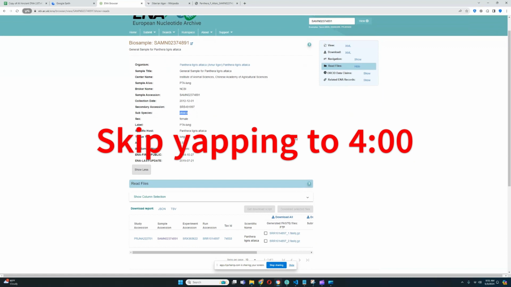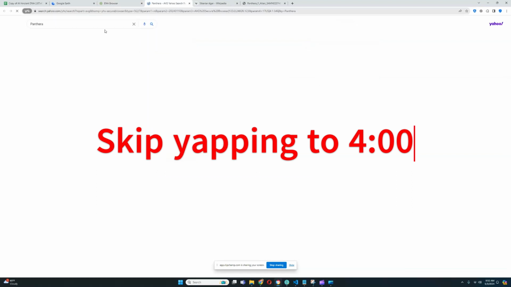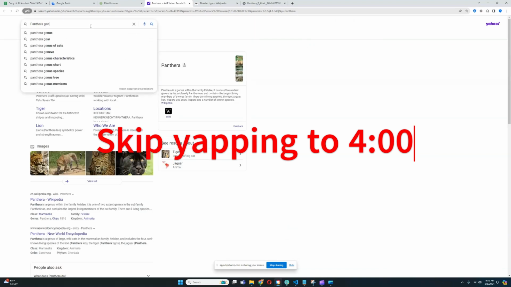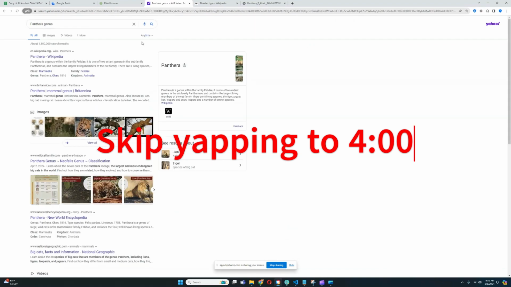It's a Siberian tiger. The scientific name for it, I guess, is Panthera tigris altaica. Let's dissect it a little bit. Panthera, I think that means the genus is Panthera, that refers to the feline type. What does that mean? Let's look it up. Panthera genus is a genus within the family Felidae.